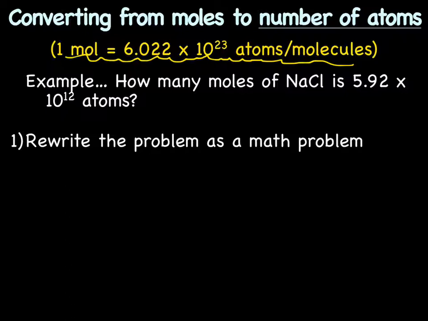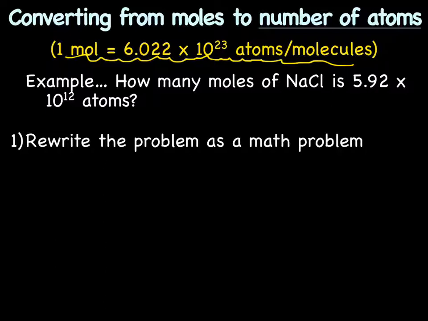All right, so let's do an example. We're going to look at how many moles of NaCl, or sodium chloride, are there in 5.92 times 10 to the 12th atoms. So the first step is we want to rewrite this as a math problem. To do that, we need to know what we know and what we're trying to find out, so our x.